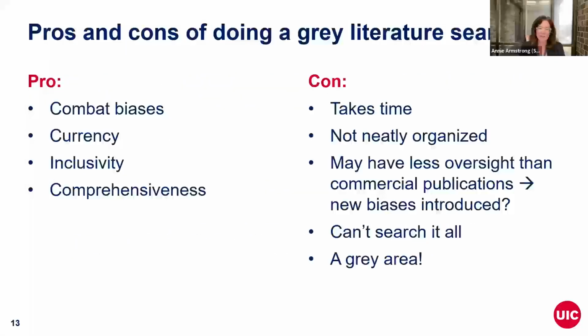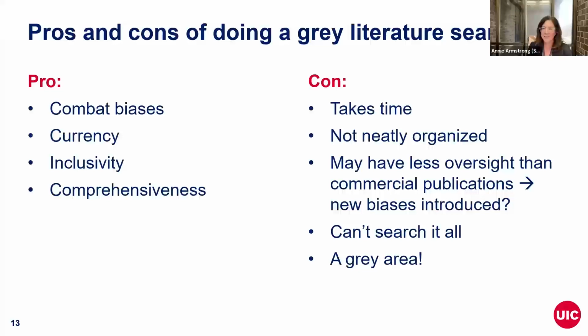Next slide, please. And this is just to summarize the pros and cons that I've hopefully highlighted. Gray literature allows you to combat biases. We don't have a lot of time to go into this, but it might also introduce new biases in and of itself.